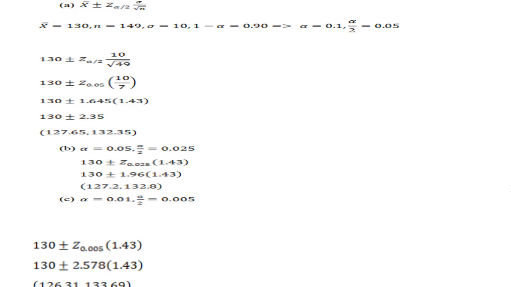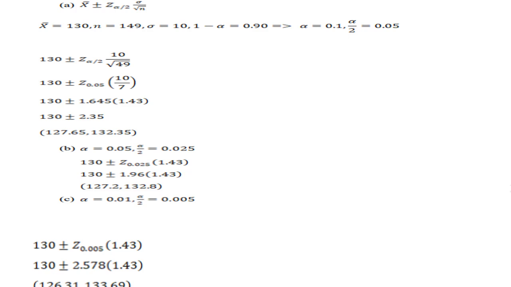Our n is 49, not 149. So 130 plus or minus Z alpha over 2, 10 over root 49. What is the root of 49? That will give us 7.